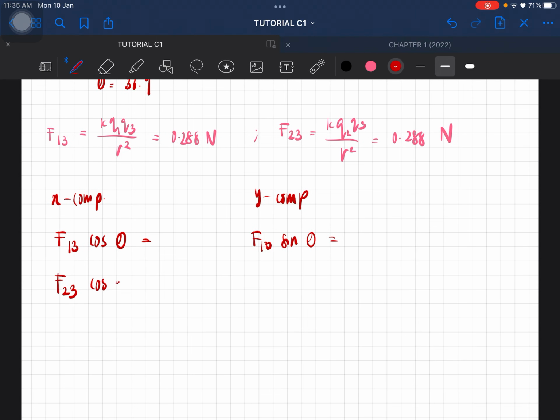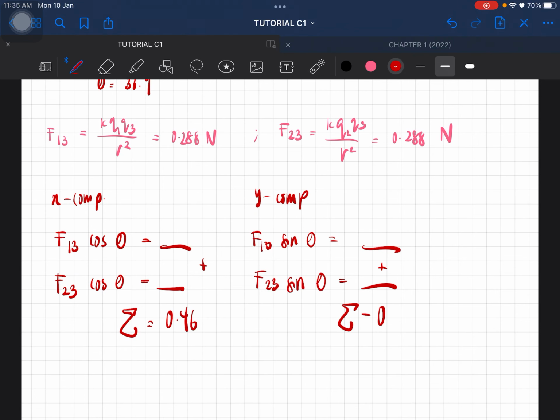Make sure you are able to resolve. This is from our last semester, sorry. Okay, so you have these values, add them together, you'll get a total here which is equal to 0.46. Same thing here, and then you'll get 0 here.